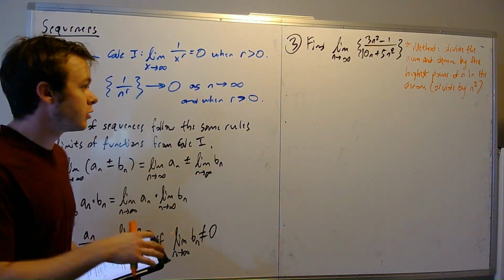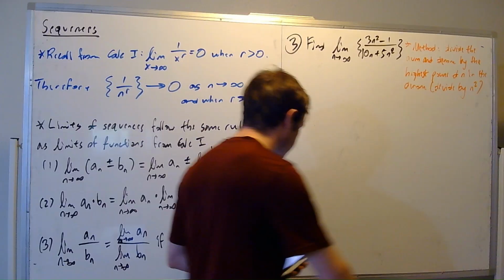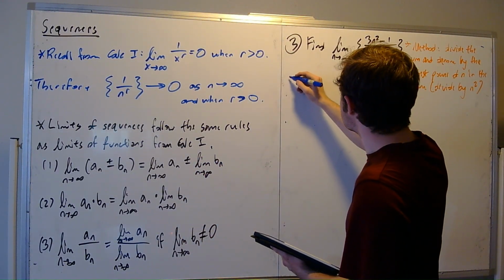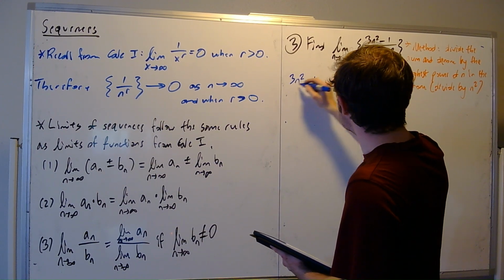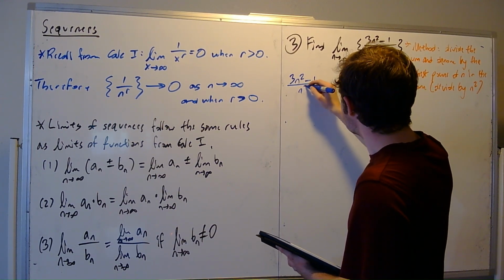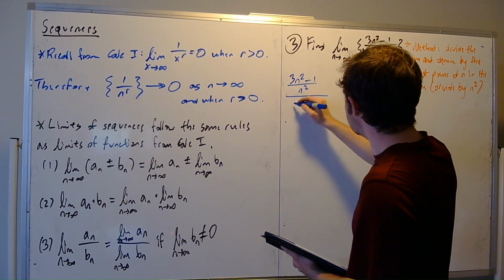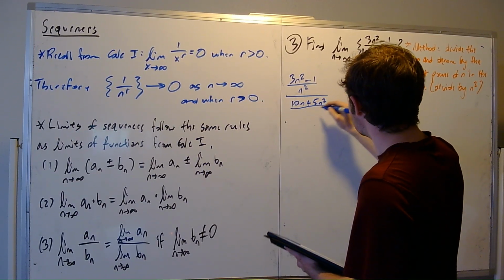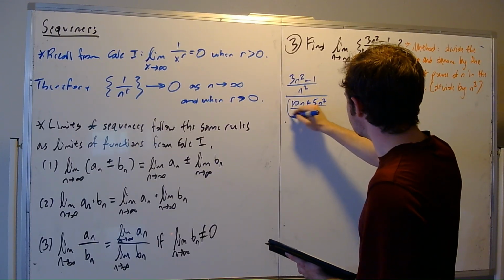Remember in Calc 1, that's the same thing that we did. So we take the numerator and divide by n squared, and we take the denominator and divide by, again, n squared.